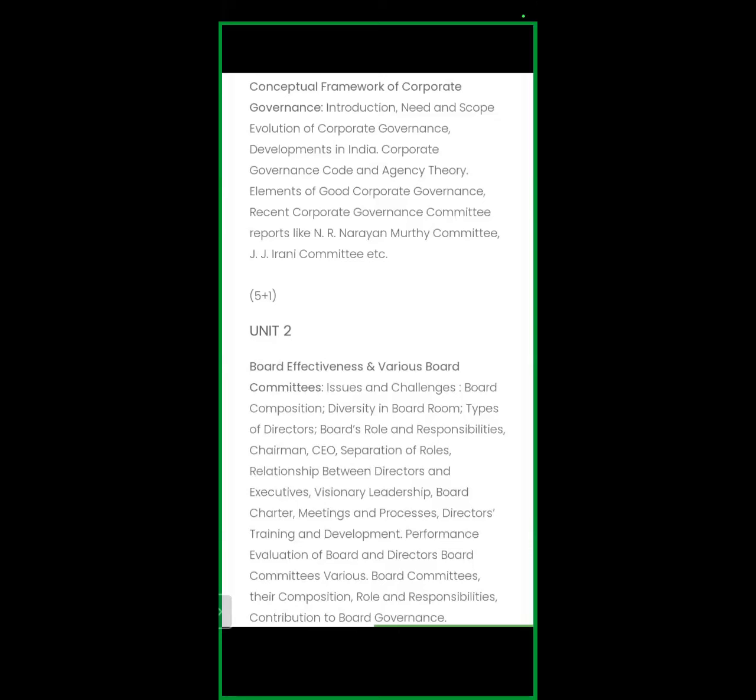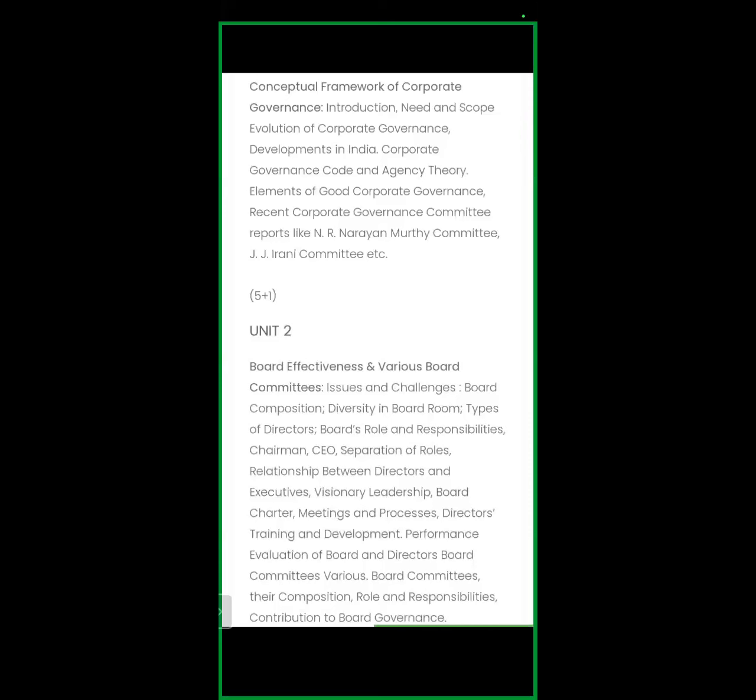Then in unit number 4, we will be talking about mainly the controlling agency, which is also known as the regulating agency. Now, one regulating agency which has become very famous, which we all are aware of, is SEBI.